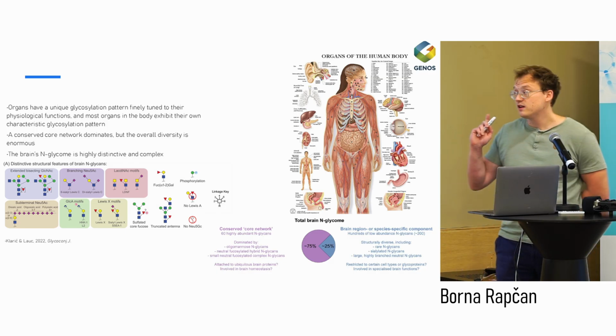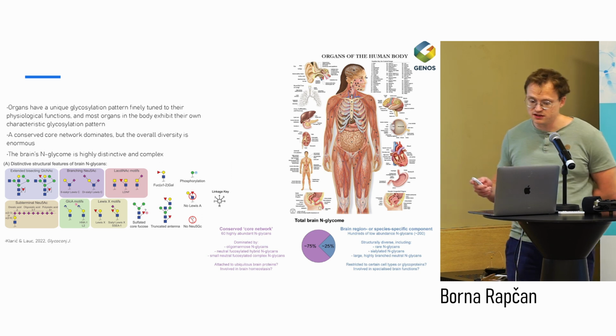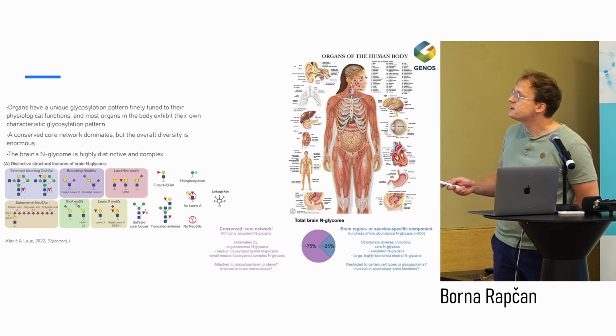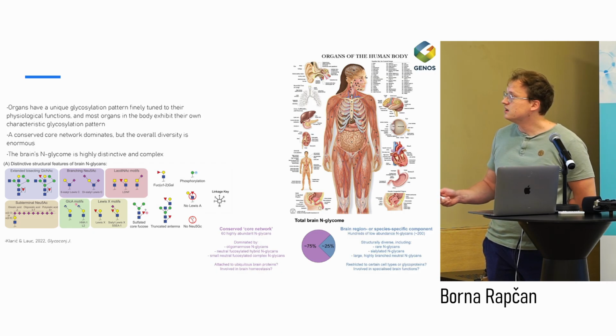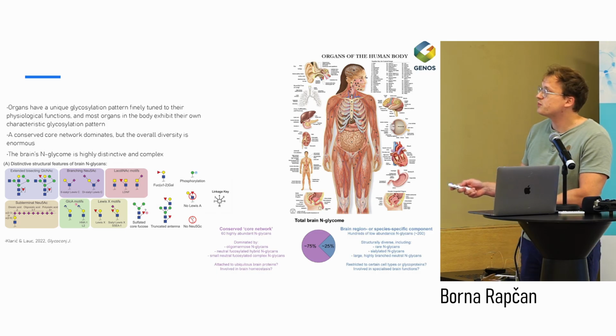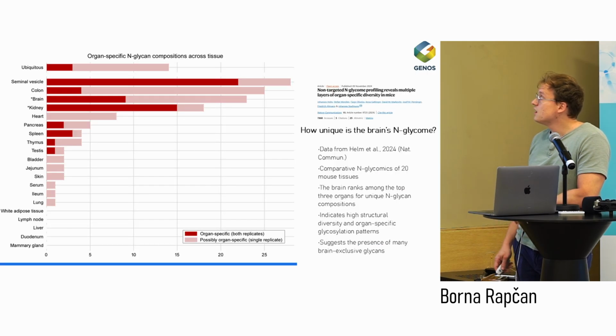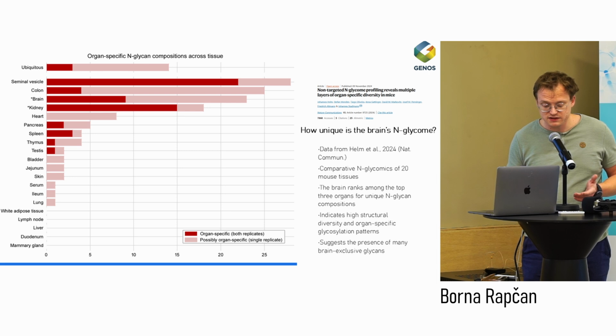This is also further expressed because the brain N-glycome is highly distinctive, because it has certain structural features that are unique to the brain, like A motifs, Lewis X motifs. We also talked about phosphorylation, which is much more common in the brain glycome, and you can see other specific structures that are brain related. But that leads us to the question: how truly unique is the brain N-glycome?